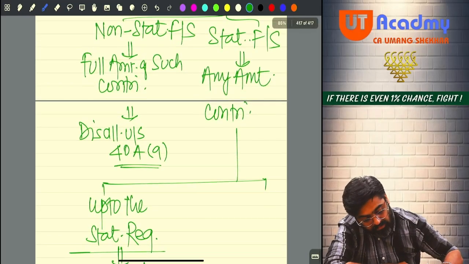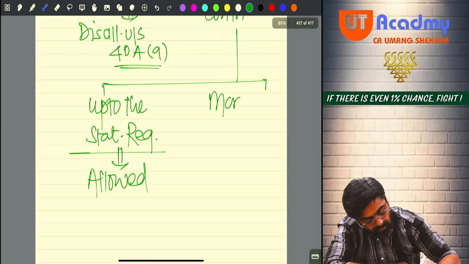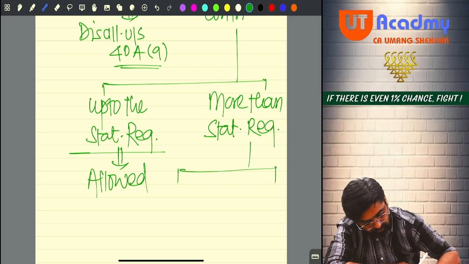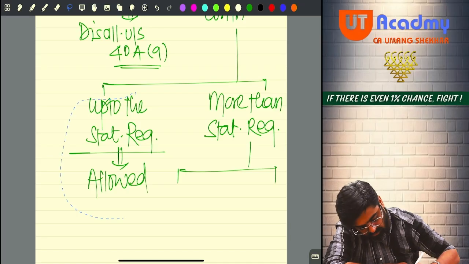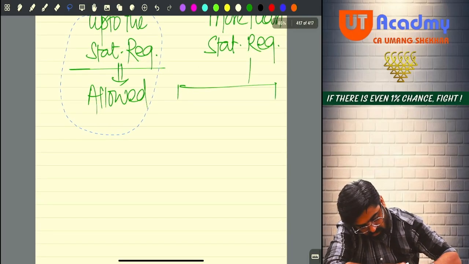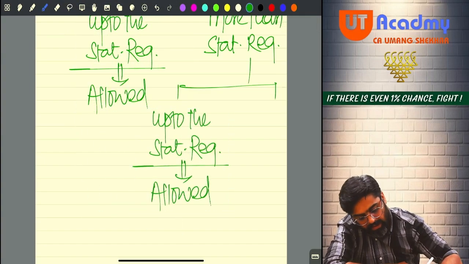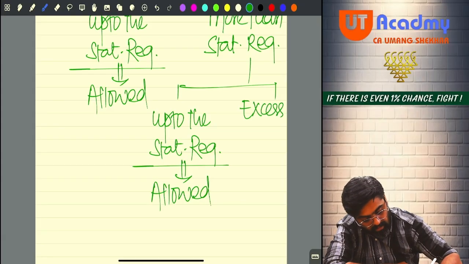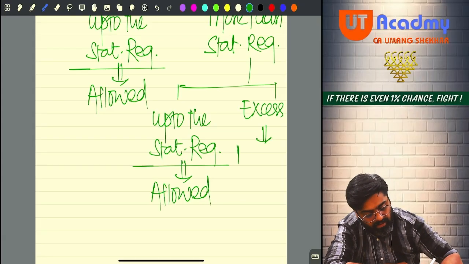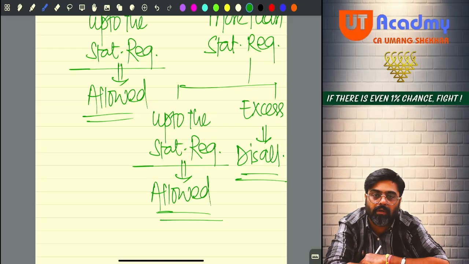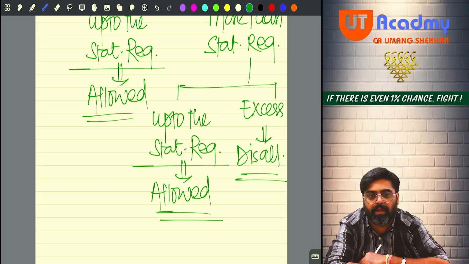But whatever amount is contributed which is more than the statutory requirement, what will happen? Up to the statutory requirement, the amount will be allowed, and any excess amount which is over and above that statutory amount will be disallowed. Done. 40A(9) over.